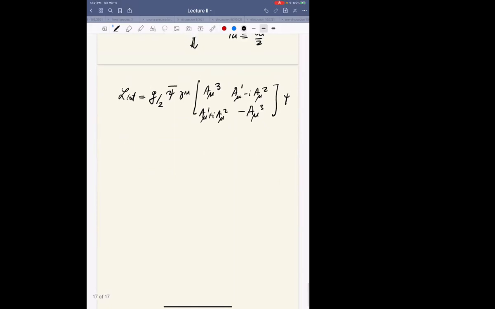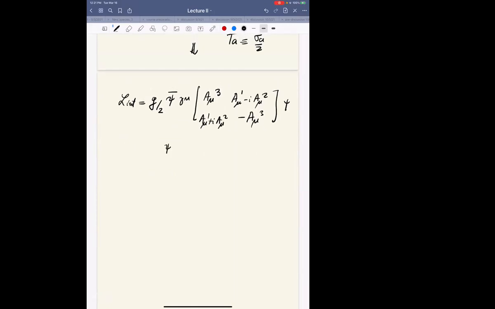This is now the explicit form of the interaction. Let's remember, the psi has an upper component. It can be an up quark or a down quark, but any doublet I can call up and down, which then becomes g over 2 u bar gamma mu u minus d bar gamma mu d A mu 3. I have taken the diagonal part out, you agree? Plus g over 2. Look at the off diagonal part.